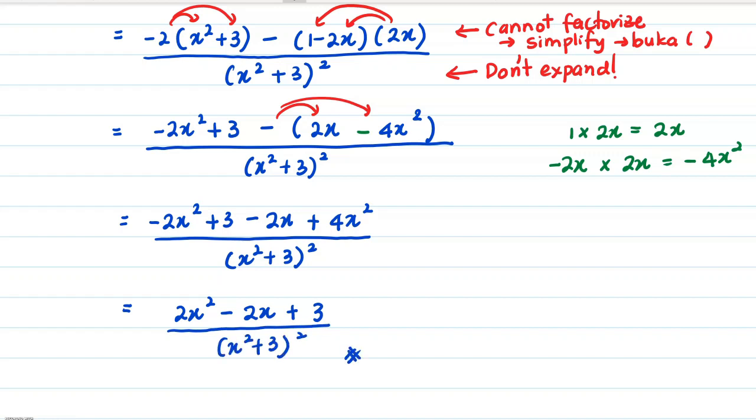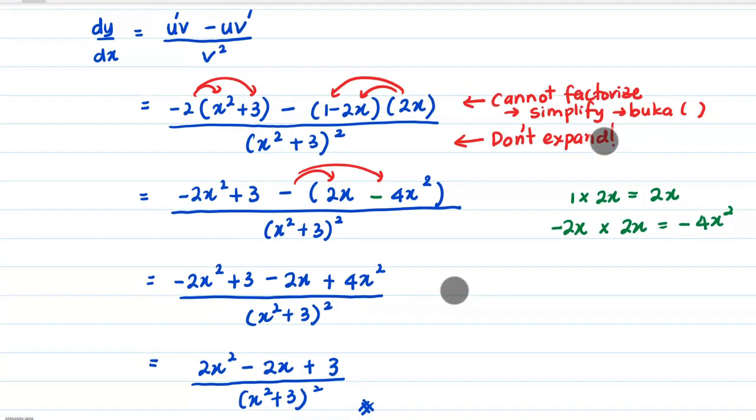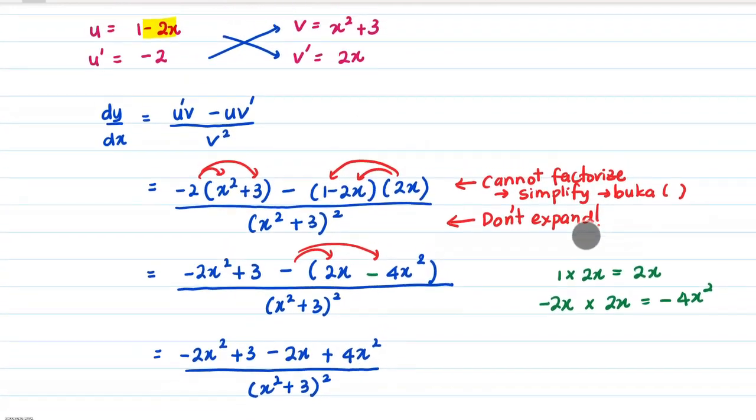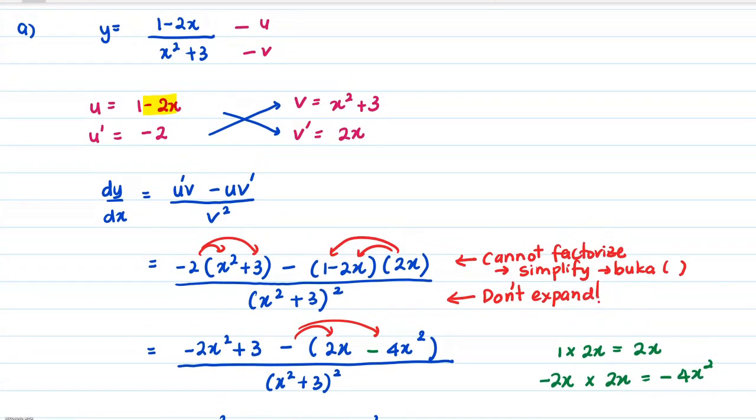So this is your final answer. Again, if you cannot factorize your numerator, then you can just simplify or open all your brackets and then dapatkan jawapan dia. Okay, so this is the first example.